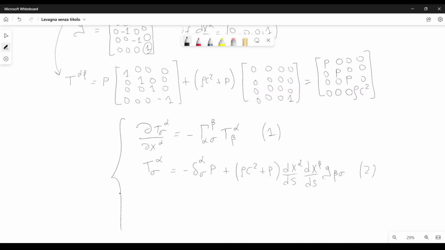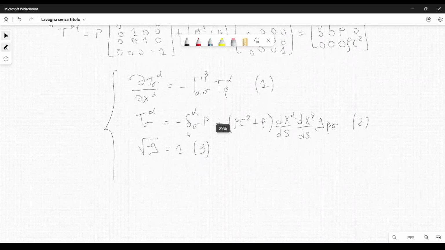Then we have other equations. So we have square root of minus g equal to 1. It's another condition that we have imposed upon our coordinate system. Then we also have g alpha beta times dx alpha over ds dx beta over ds equal to 1, which is equation 4.